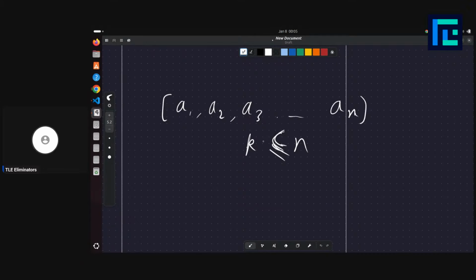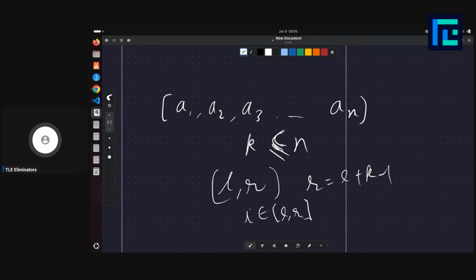So we got the window, let's say L comma R, where R is equal to L plus k minus one, so the length of this window is k. Then we have to select one index I between L and R, and we have to delete A_I from the array.